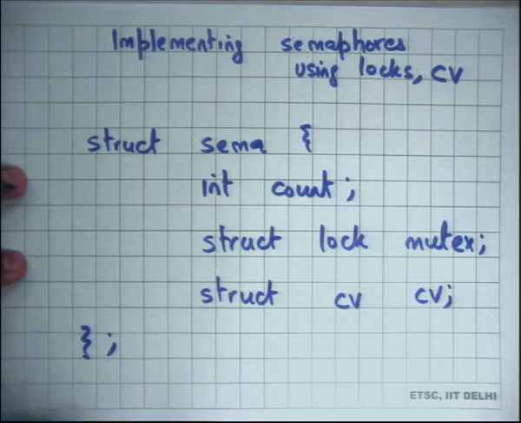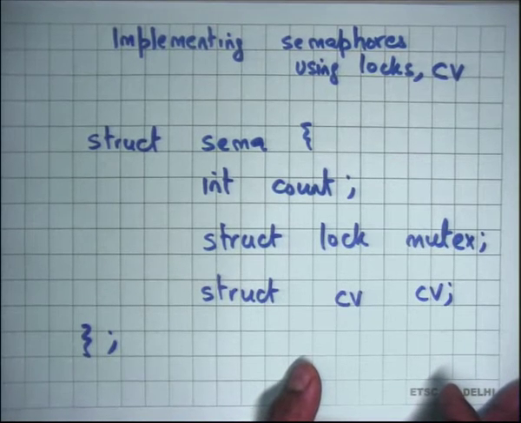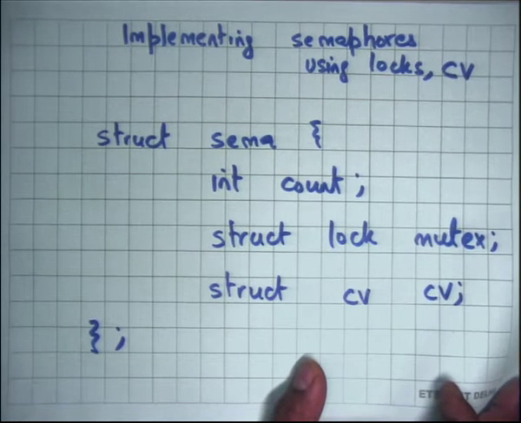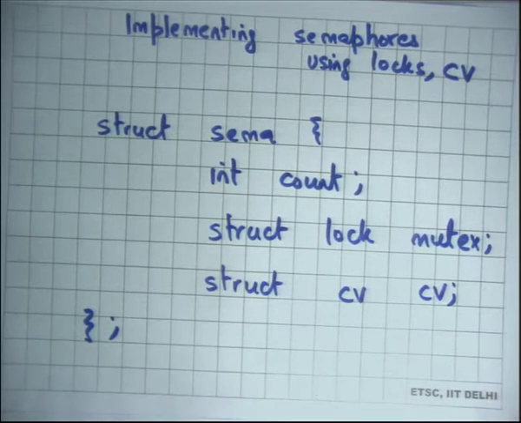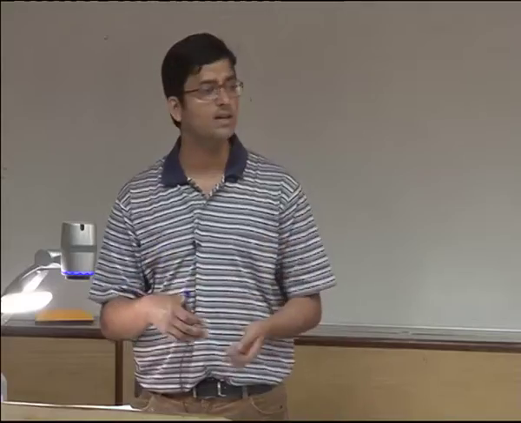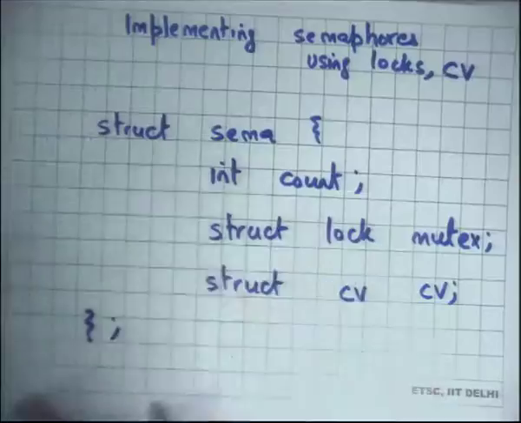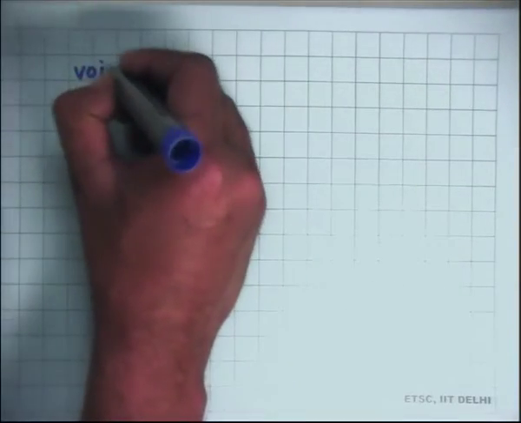That's how I define my semaphore. It has three fields: a count variable used to maintain the count, and two other fields that ensure atomicity of my accesses with respect to each other, and also implement the semantics and allow waiting on a condition. Then I need to implement sema init.